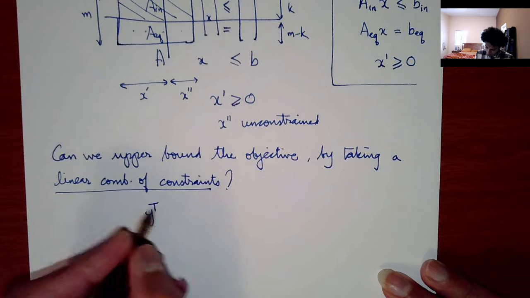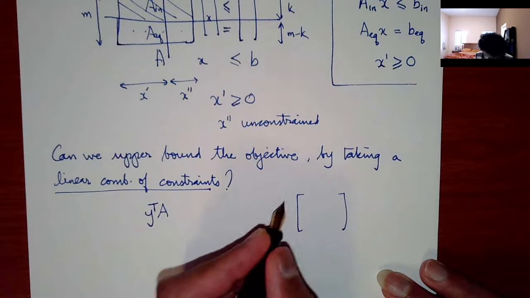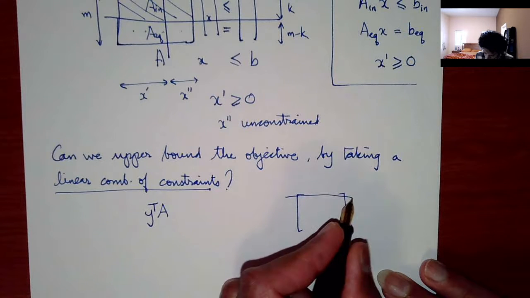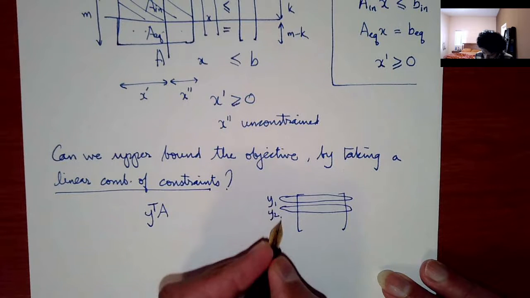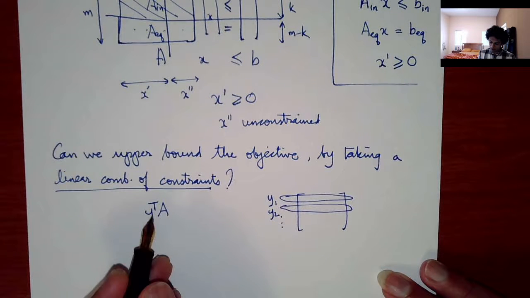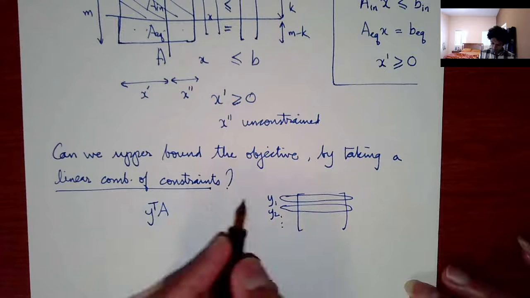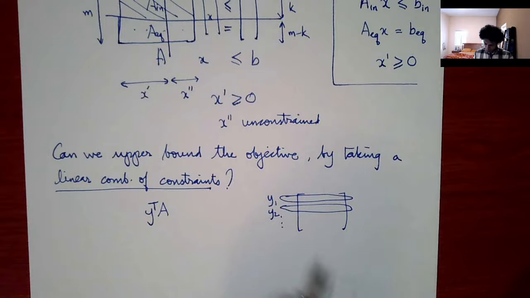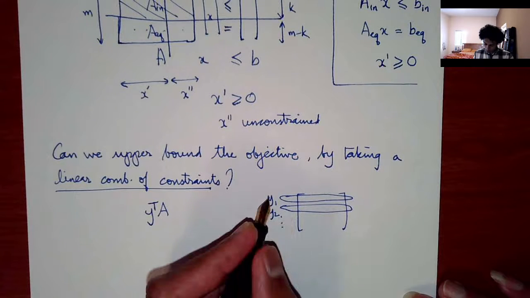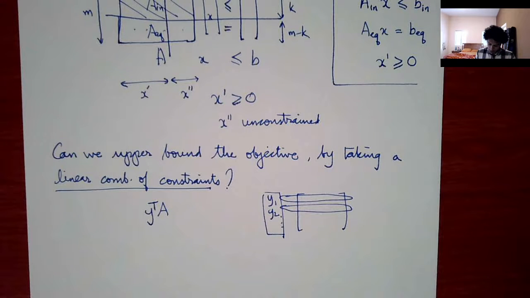This is written as Y transpose A. You multiply the first constraint by Y1, the second constraint by Y2, and so on, which has the same effect as Y transpose A, multiplying each row by one of the coordinates of Y.